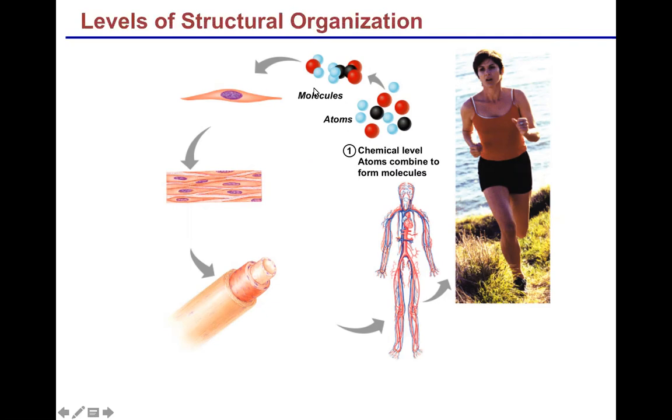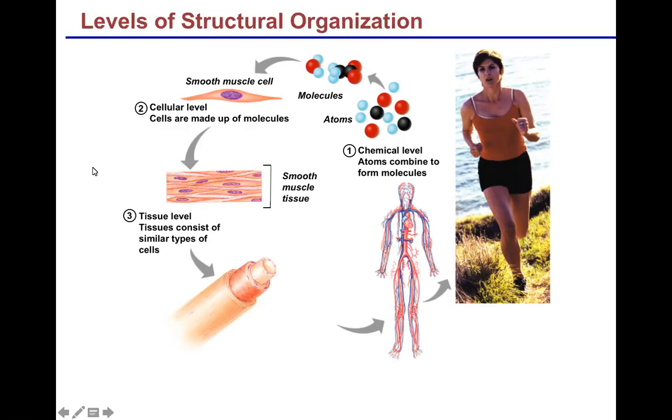They join together to form the cellular level. For example, in this case, it is the smooth muscle cell. The smooth muscle cells then join together to form smooth muscle tissue. These are layers of smooth muscle cells, and they join together to do a specialized function, and that is that they form smooth muscle tissue.